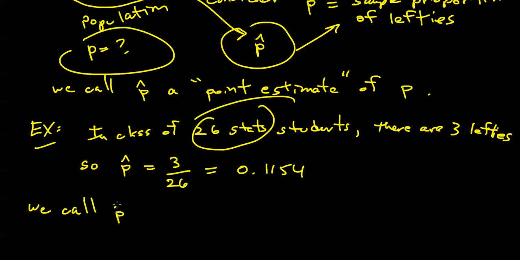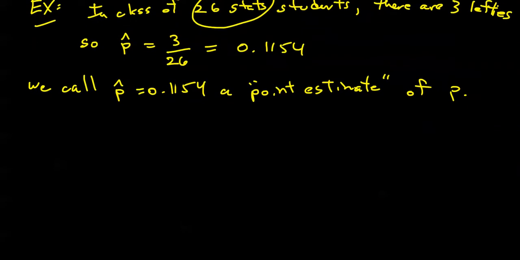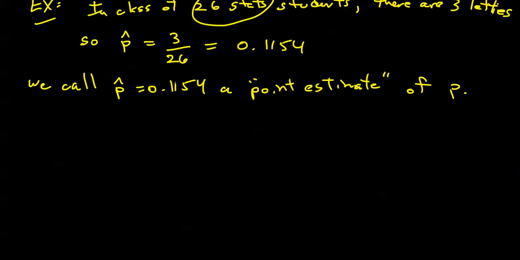Okay, so we can call p hat equals 0.1154 a point estimate of little p, where little p is the population proportion of left-handed statistics students. Okay?